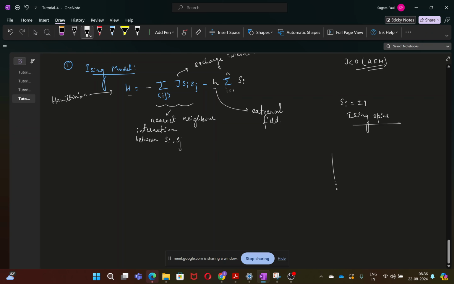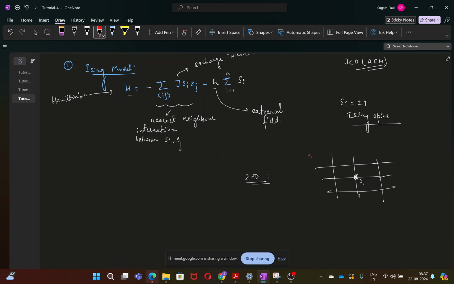And we can also think of it like, let's say this is a lattice kind of structure made here, and you have placed one spin, you are looking at this spin here. Let's say this is your Si at the ith position. Now, if you look at 2D, because we have drawn the structure in 2D, then we have to look for the nearest neighbor spins for this Si spin, for this first exchange interaction term, right?